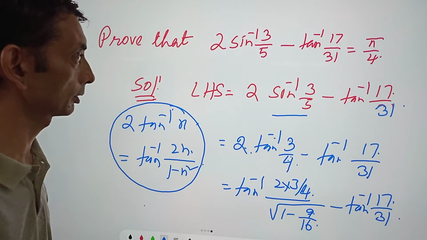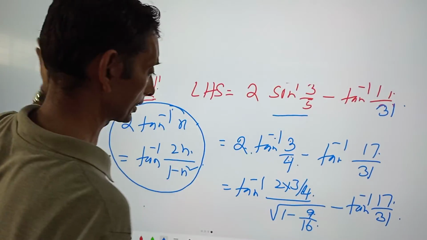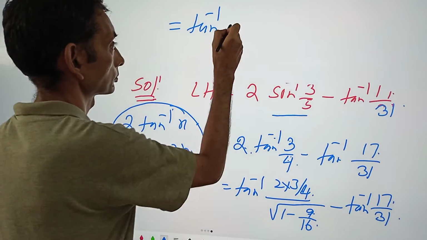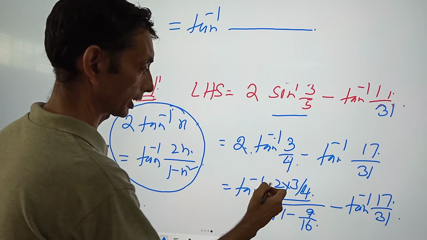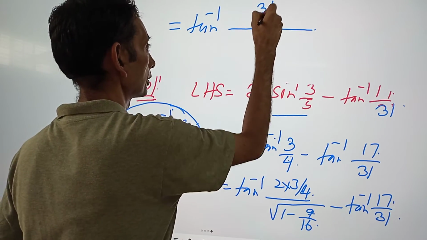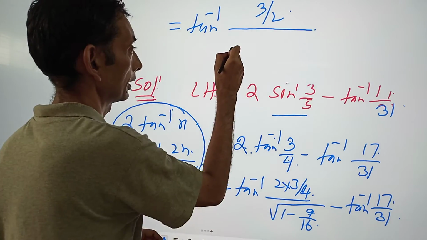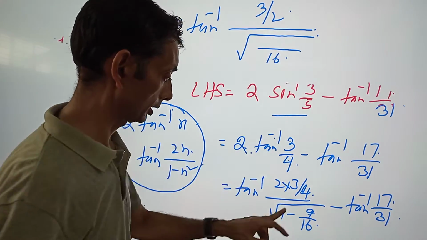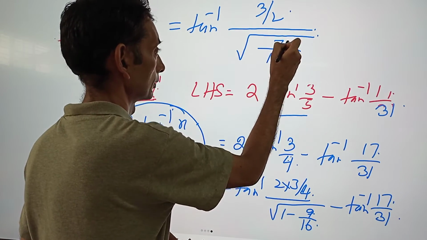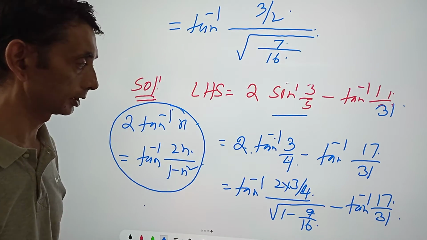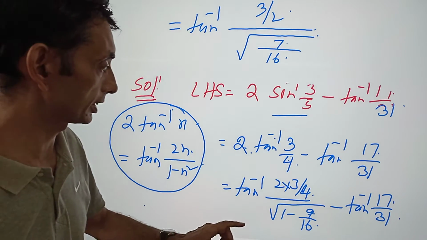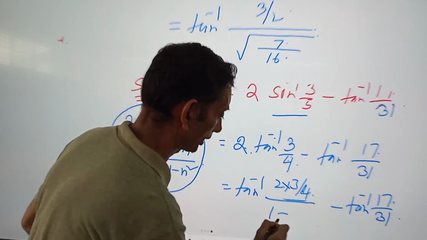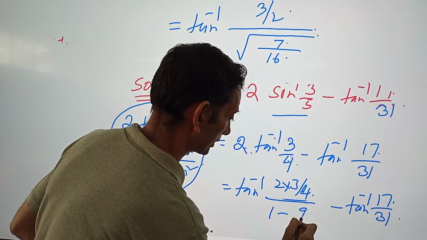Next step, we'll simplify now. Tan inverse, we can cancel this. So this will be 3 by 2, and then 16 by 9 minus... this will be 7. This is 1 minus x squared, that is 9 by 16.